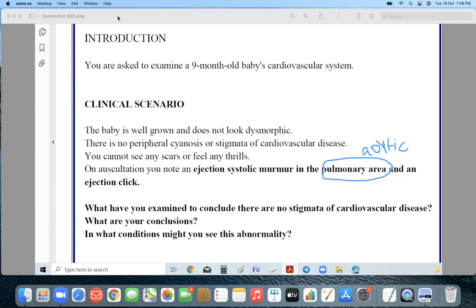Otherwise we can also say left lower sternal edge, same as the tricuspid area. Most of the time it is an early diastolic murmur, because with incompetence, as the blood is pushed out, some blood comes back. This gives the murmur.